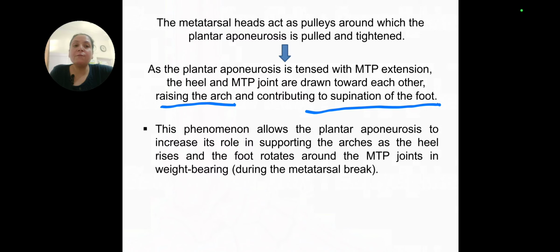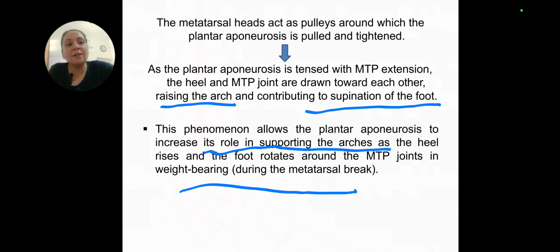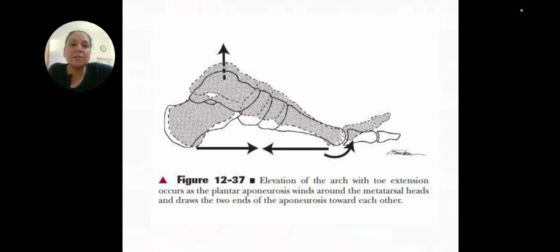This phenomenon of the plantar epineuritis increasing the support of the arches as the foot rises, at the time of the metatarsal break, is called the windlass mechanism. This is what I wanted to show: whenever there is an extension, MTP extension is taking place.